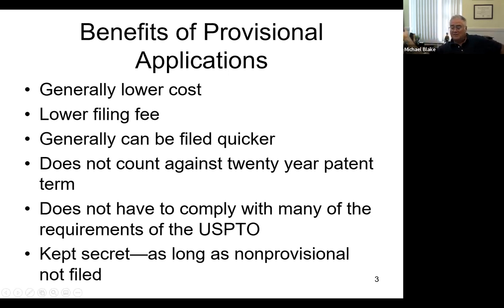So there are pros and cons to provisional patent applications as opposed to a non-provisional. That's basically what we're comparing. Some of the benefits of a provisional is generally they're lower cost. And I say generally because some patent attorneys really don't give you much of a break on a provisional.